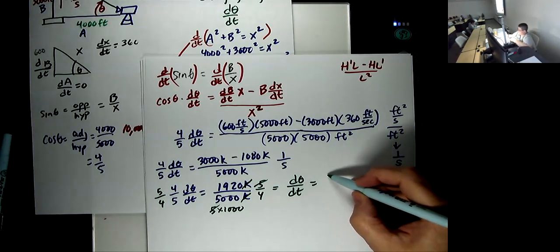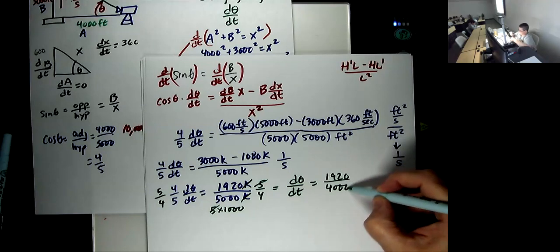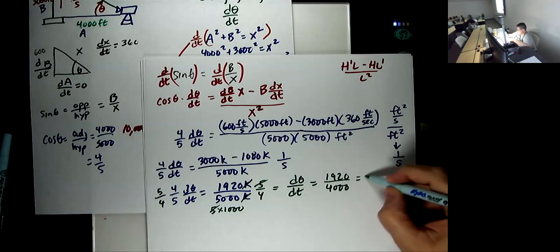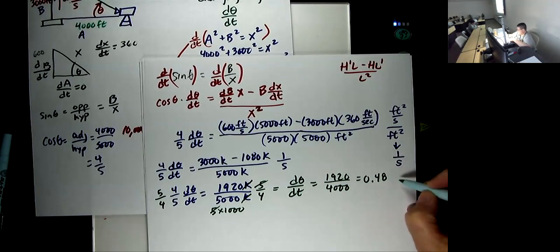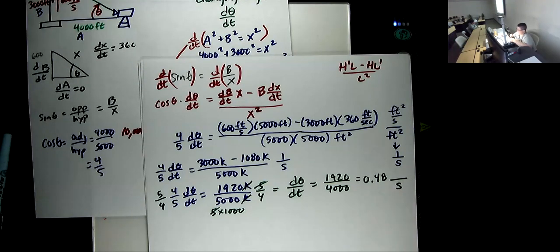So I've got 1,920 over 4,000, which is .48.